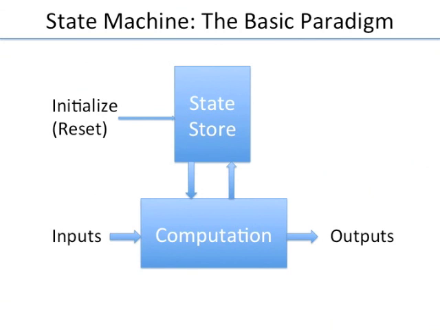So you have the state of the system, which is stored somewhere, and then you have some computation which happens, which is a function of the current state and the current inputs. And what that does is it updates the state as well as produces some outputs. So this is the basic model of a state machine.